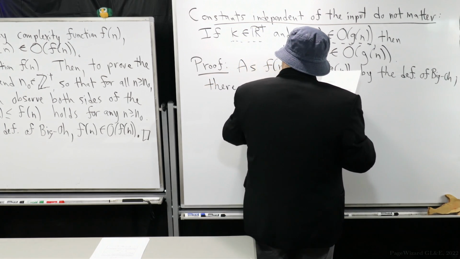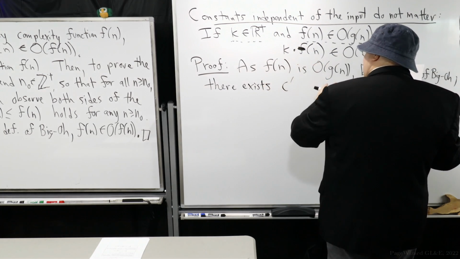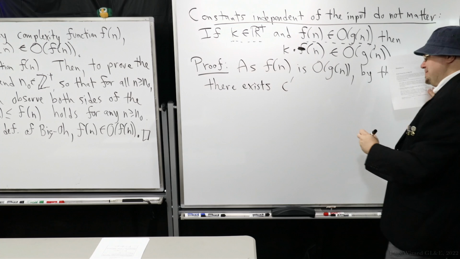There exists C prime. I'm not going to call it C and n0; I'll call them C prime and N prime. Like I said, I can give them names.